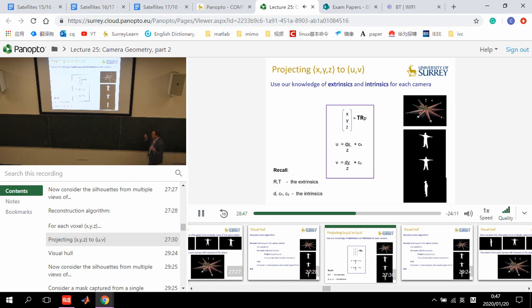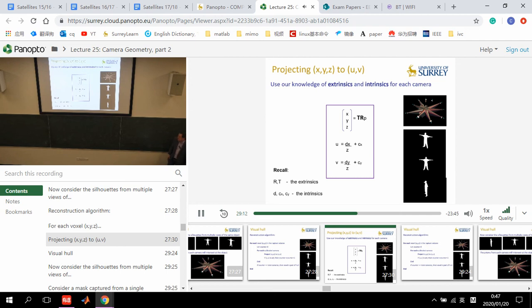So it's important that the views are taken simultaneously, or equivalently, if you wanted to just do this for a single photo, you would need to have a static object. You could have a stationary object and then just walk around it and take photos of that object from multiple points of view and know the calibration for each of those points of view in order to do the same thing.